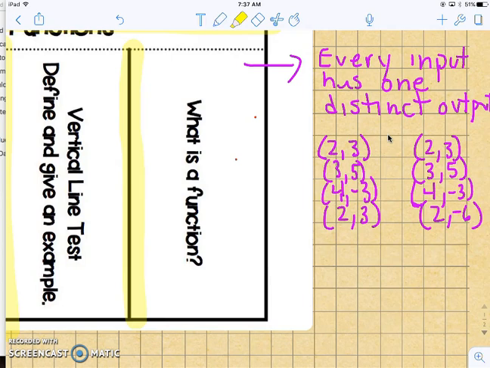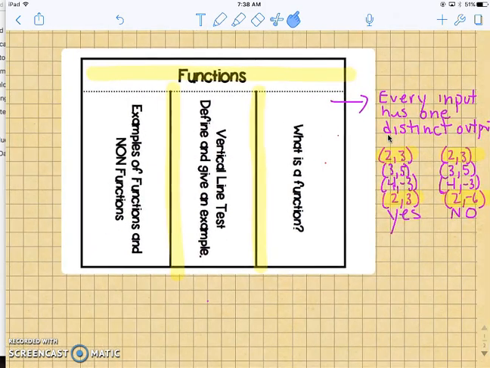And to highlight the difference, right down here, you'll notice this relation on the left has (2, 3) and (2, 3). To be a function, every input has one distinct output. So if we input a 2, out pops a 3. Again, a 2, out pops a 3. So this is a function, where this one is not, because we have (2, 3) and (2, -6). There are two different outputs there.